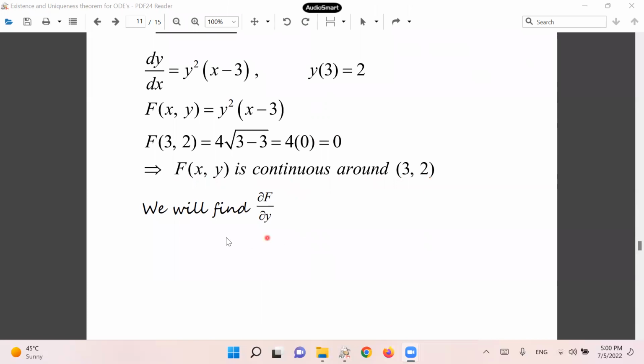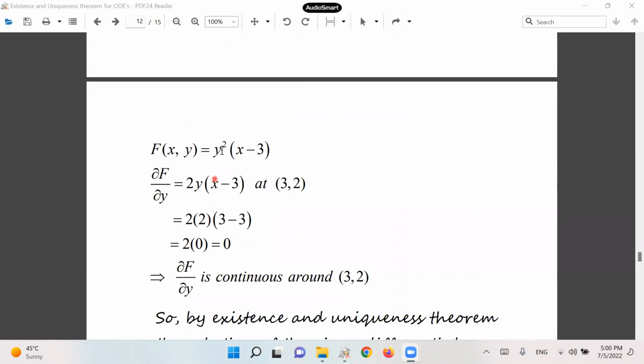Now the second step is to find the partial derivative of this function with respect to y. We can take y square into x minus 3, or you can use the product rule u into v, that is the first function into the derivative of the second plus the second into the derivative of the first. Whatever method you want to take the derivative, you can take.